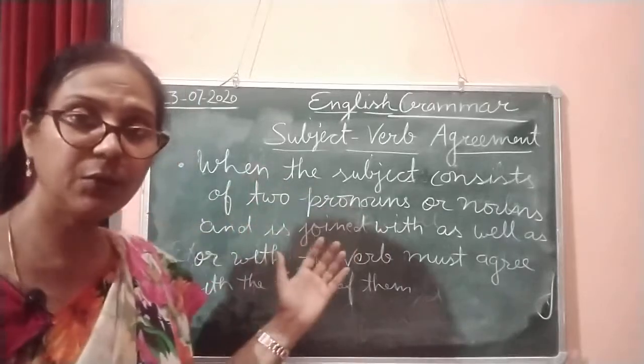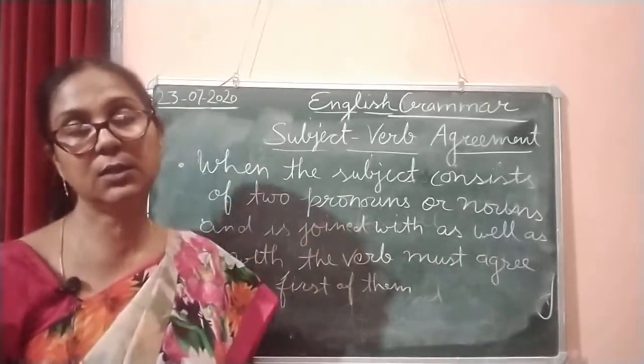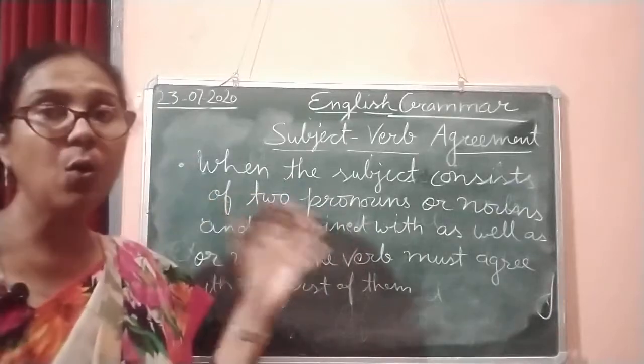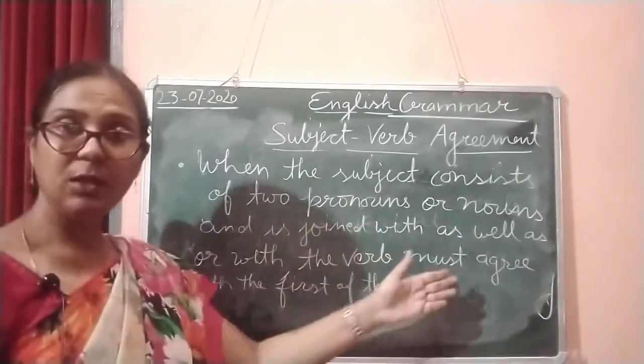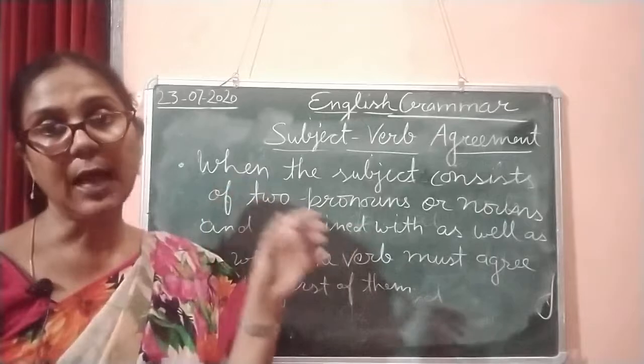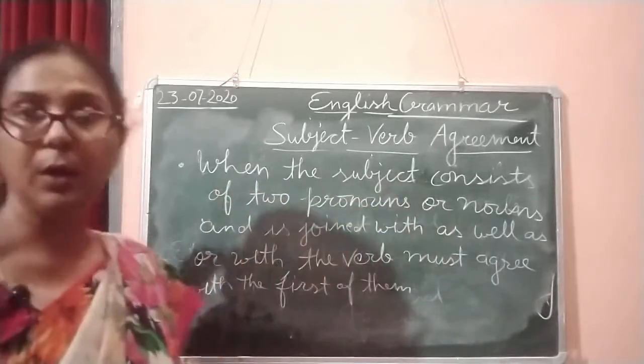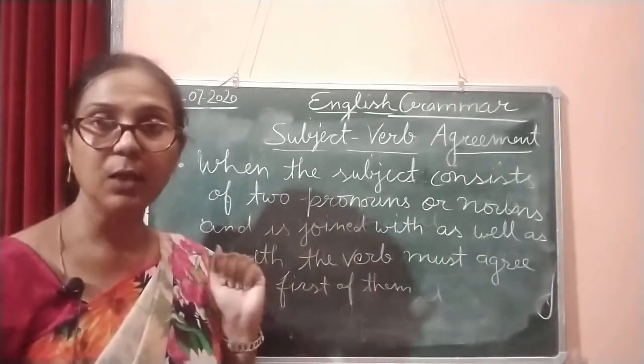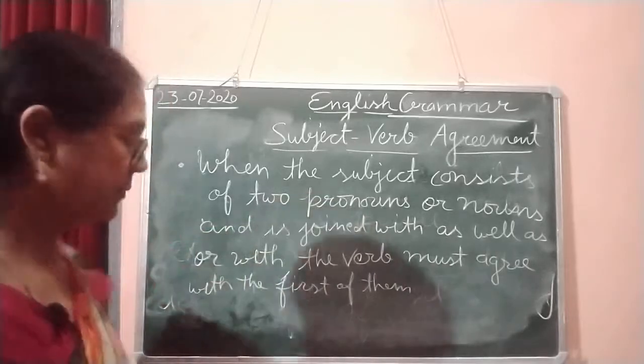The teacher is singular over here, so we will change the verb according to that particular noun or pronoun. So I am going to give you an example of this.